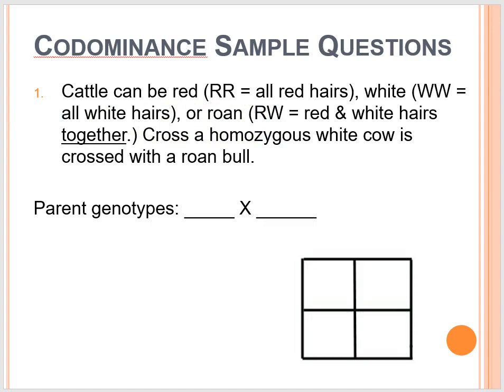It's asking you to cross a homozygous white. What would be my genotype for homozygous white? Big W, big W. With a roan bull. What would be my genotype for this roan bull? Use the square, do the cross.